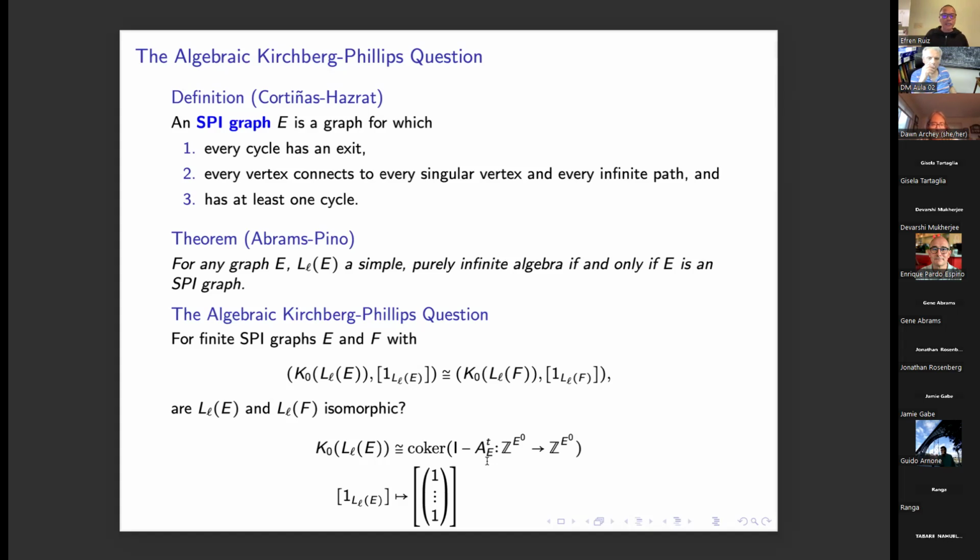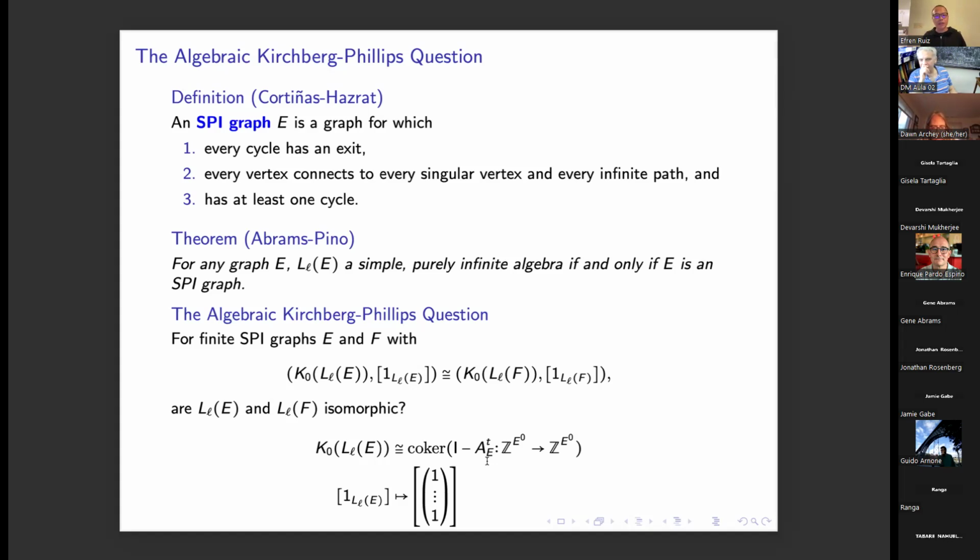So essentially, this question has been open for maybe 15 or 20 years now. If the K0 groups are isomorphic, with an isomorphism that sends the class of the unit to the class of the unit, the question is: are the Leavitt path algebras isomorphic?